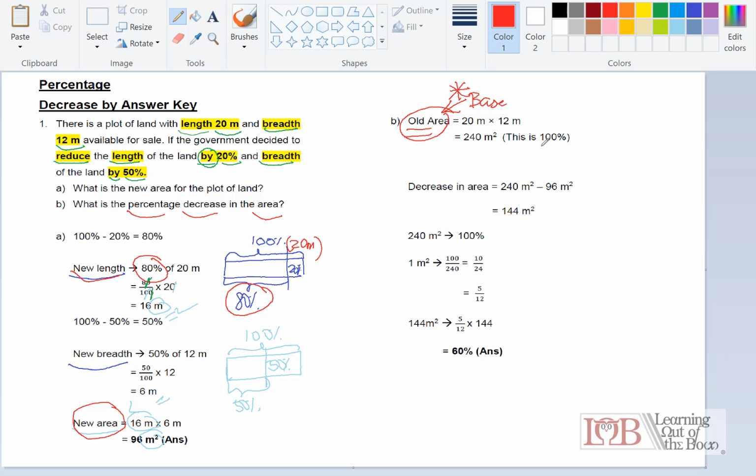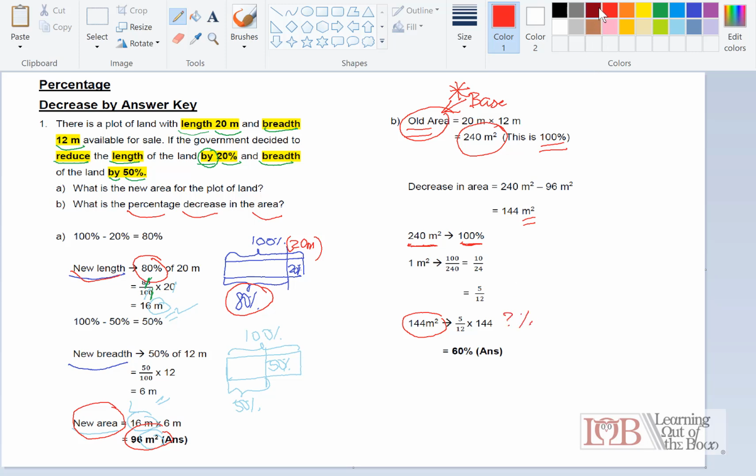So that's why we put here, this is 100%. 100% is actually 240 meters square. So what's the drop? The drop is this minus this. Minus already, you get 144. So we need to find 144 is how many percent.